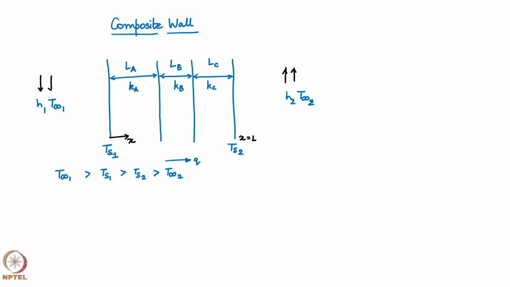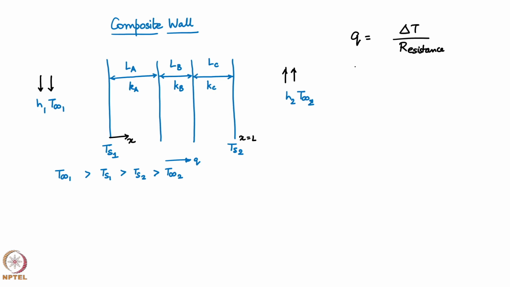There is no reason to put them any other way, up or down arrows, both are okay. Having specified this, what are we trying to see? We want to find the thermal resistances for this composite wall. We learnt Q is equal to delta T over everything else, which we call resistance. We did it for a single wall, and we are now going to extend it to multiple walls.